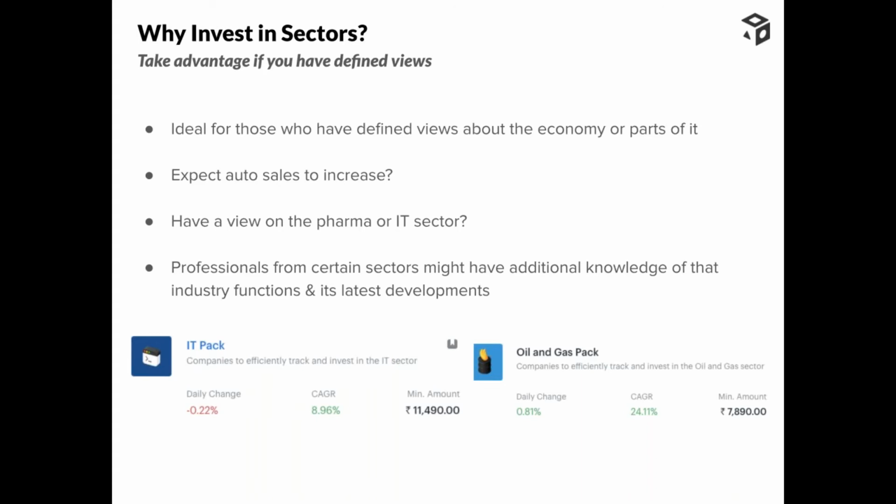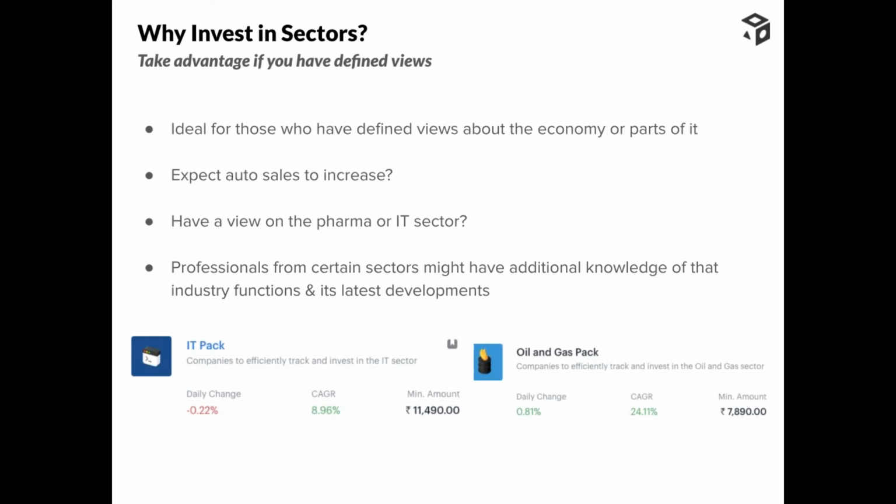And if in your research, or in how you are learning and doing your work in this sector, you end up forming views about that sector, then investing in sectors ends up being a great way for you to benefit from having those views, right?